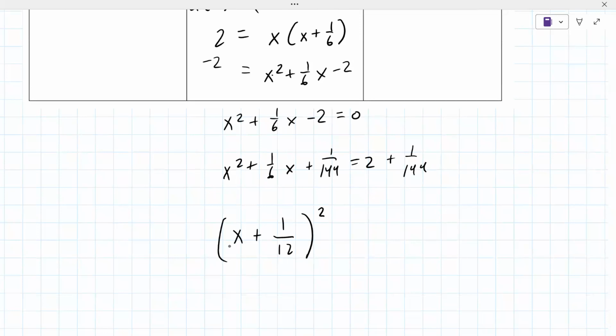That's what you add to both sides. So this becomes 288 over 144 plus 1 over 144.